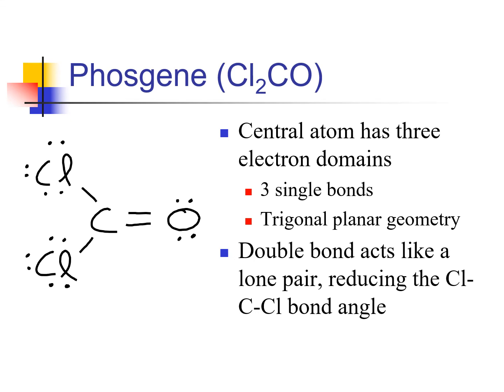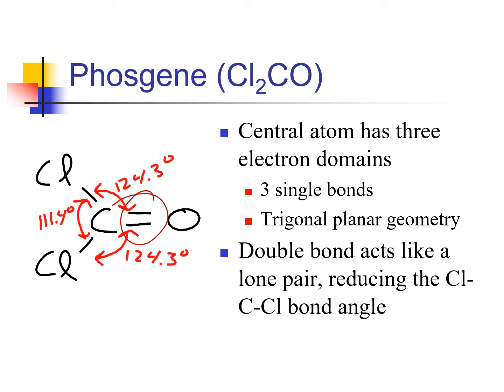But this double bond is taking up more space, so it compresses things a little bit. The top bond angles get spread out to 124.3, and the lower ones get compressed to 111.4. You would never be expected to know those numbers, but you would be expected to know why those numbers are there.